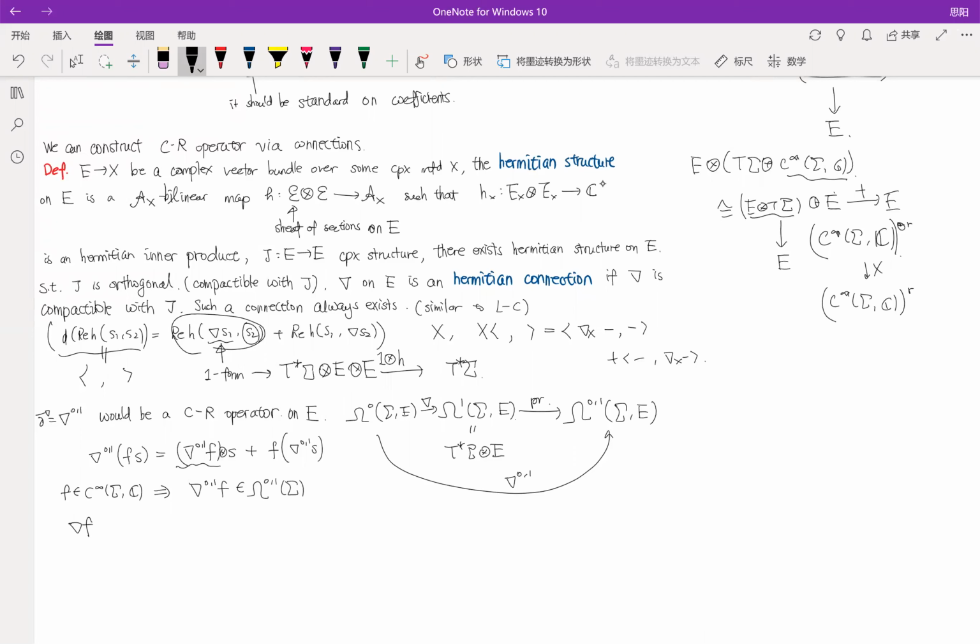We know that this is given by df plus alpha tensor with f, where df here we do not need a tensor product, so this is just f alpha, where alpha is the connection one form.